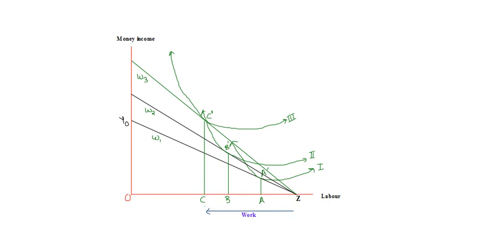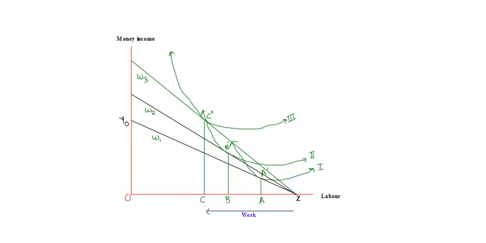Similarly, we have the third indifference curve, which is tangent to the third downward sloping line at point C dash, and this implies that at this point the individual is willing to work even more. So this individual is willing to work for CZ hours, and because of it only OC hours are available for leisure, and by choosing to work for CZ hours, the individual obtains an income equivalent to CC dash.